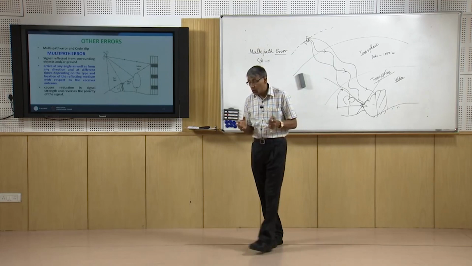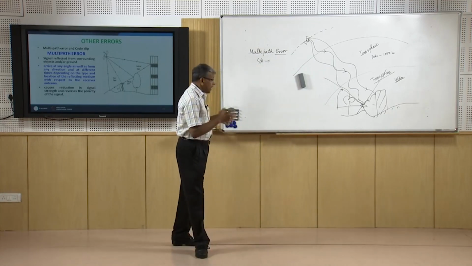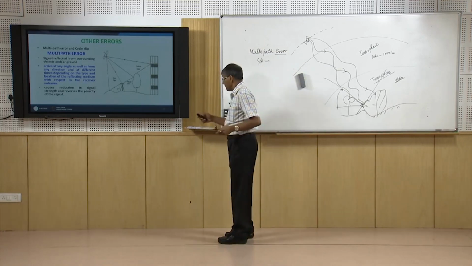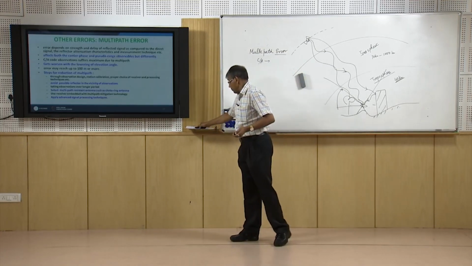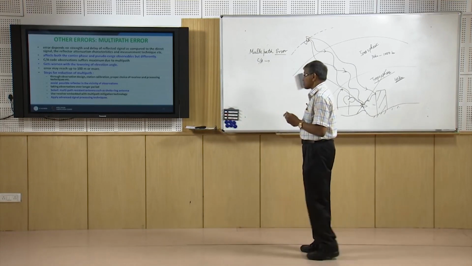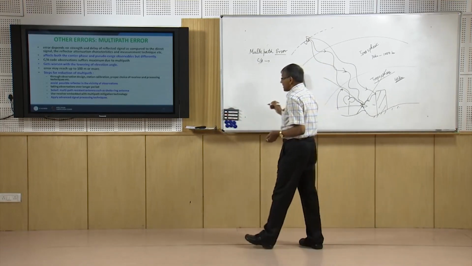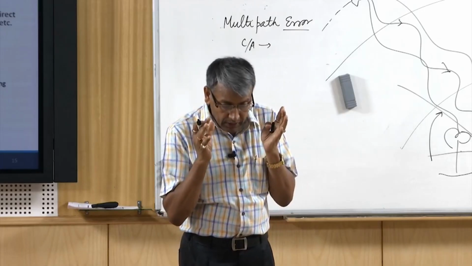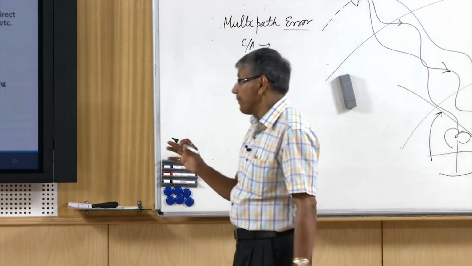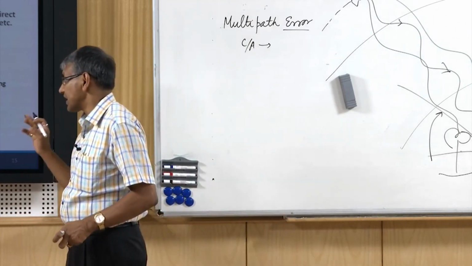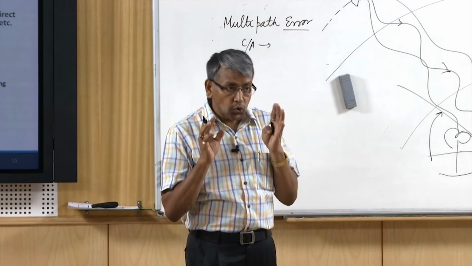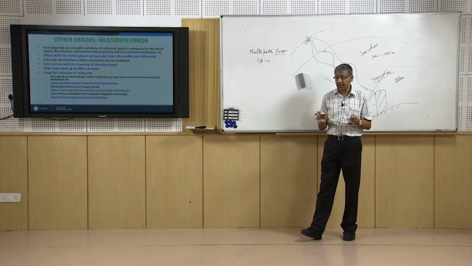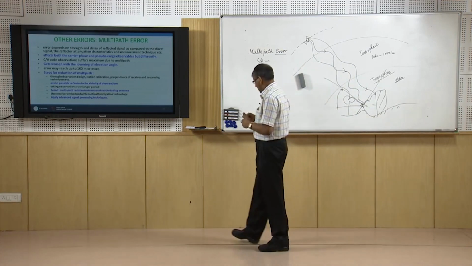Also we should make use of an antenna which will take care of the multipath, called a multipath resistant antenna, or we should go for a receiver embedded with multipath mitigation technology, or some signal processing techniques which also take care of multipath error.